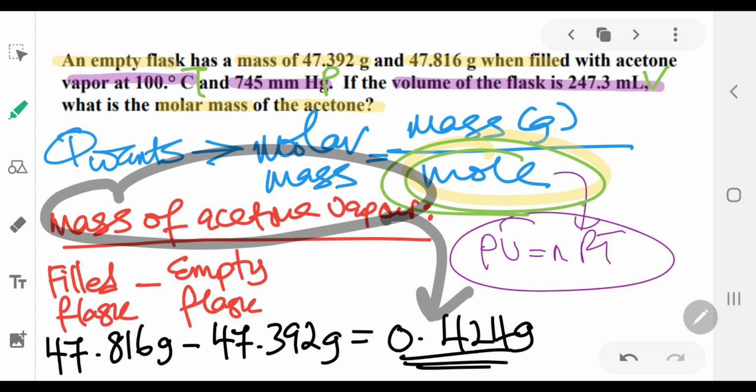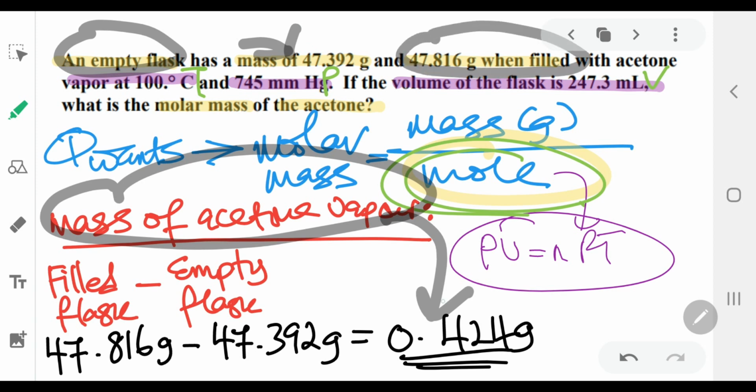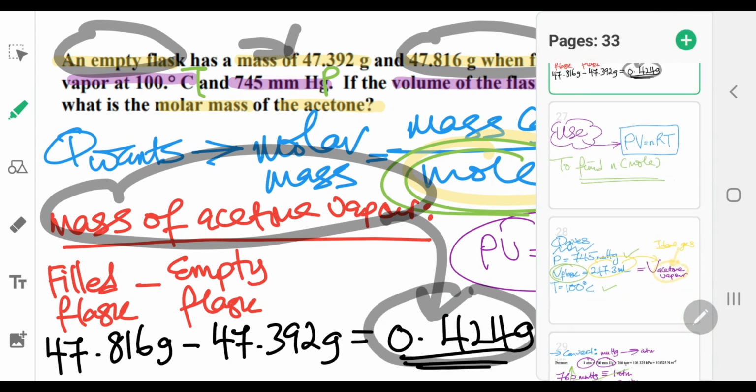It is quite tricky because the question does not say exactly in the beginning, but it gives you information. The information given to you is the mass of the empty flask, and then the mass of the flask when you filled it with the acetone. So when you do some calculation, you would be able to get that value. So let's go back.